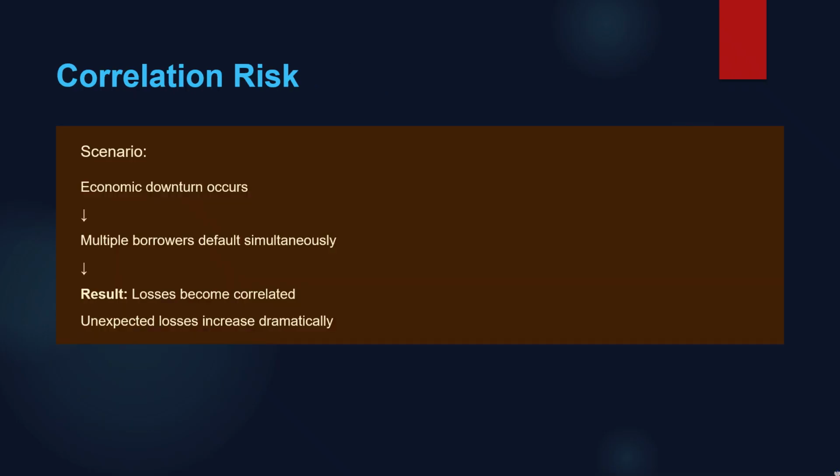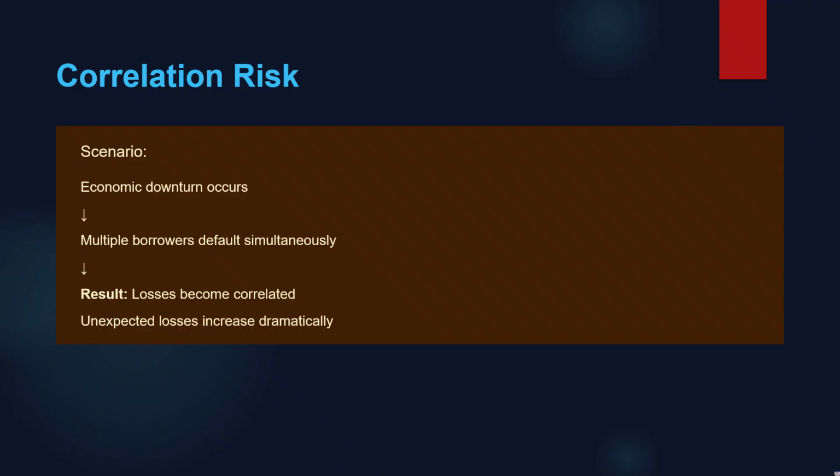This slide illustrates correlation risk, which is critical to understanding why unexpected loss can be so much larger than expected loss. Here is the scenario. An economic downturn occurs and leads to multiple borrowers defaulting simultaneously. As a result, losses become correlated and unexpected losses increase dramatically.